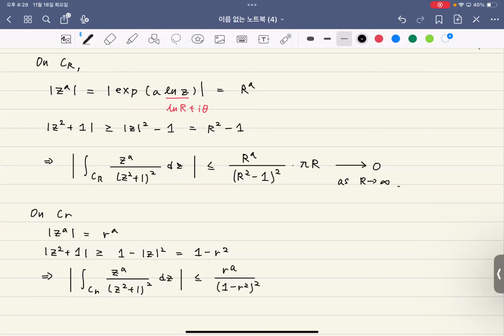exp(a ln z) over (z squared plus 1) squared, where we set t from minus R to minus r. And exp of a times, what is the ln of this?